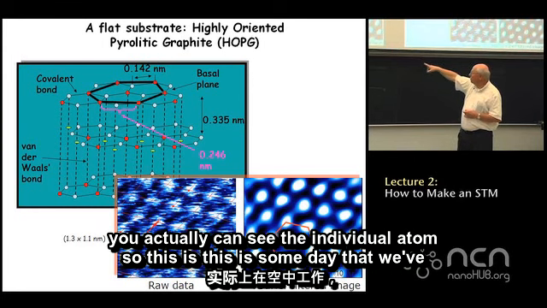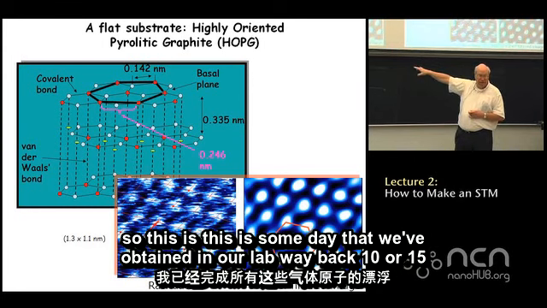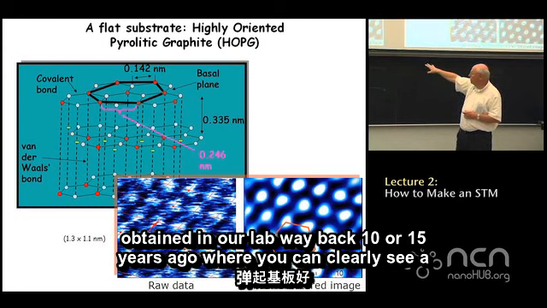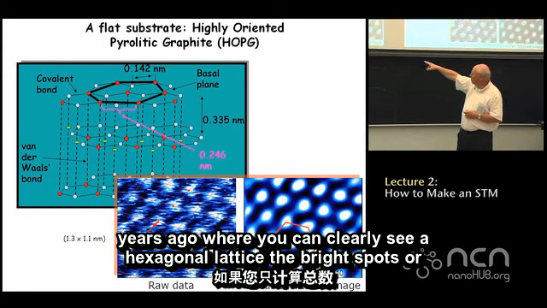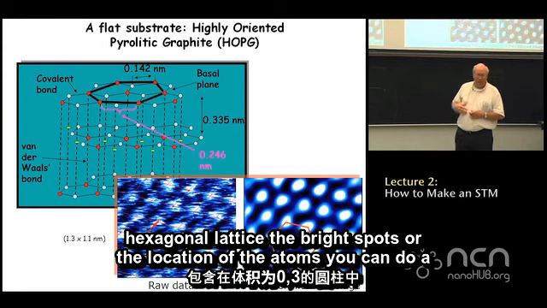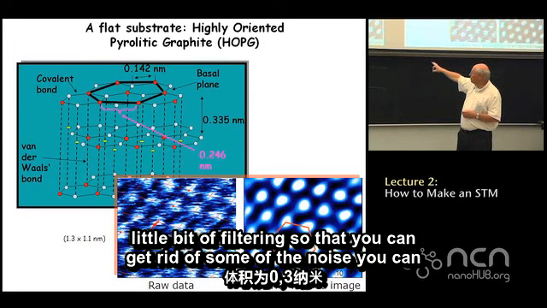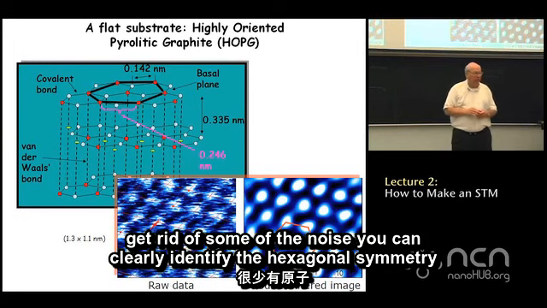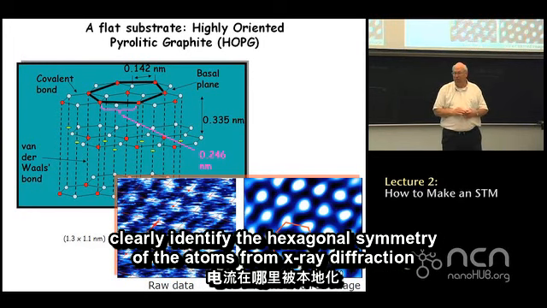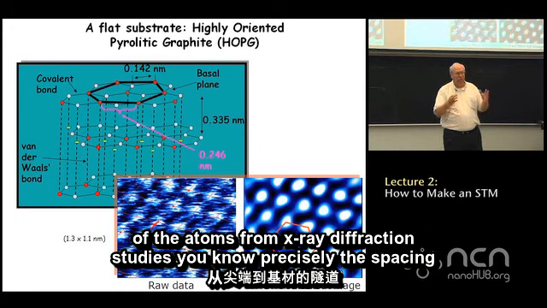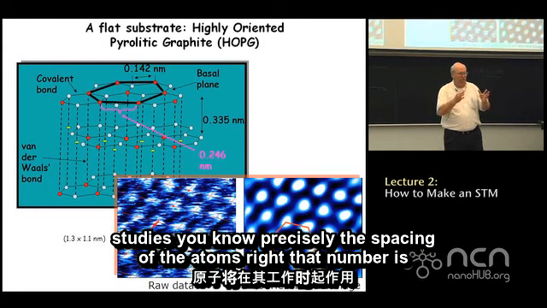So this is some data we obtained in our lab way back 10 or 15 years ago, where you can clearly see a hexagonal lattice. The bright spots are the location of the atoms. You can do a little bit of filtering so that you can get rid of some of the noise. You can clearly identify the hexagonal symmetry of the atoms. From X-ray diffraction studies, you know precisely the spacing of the atoms, right?